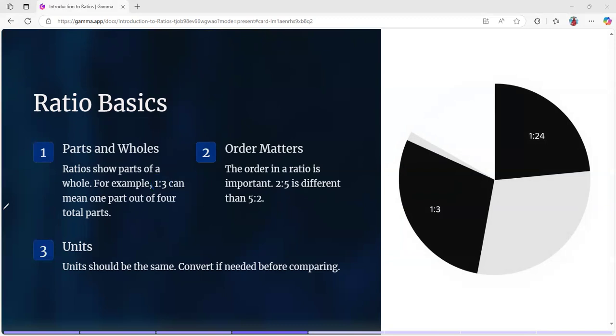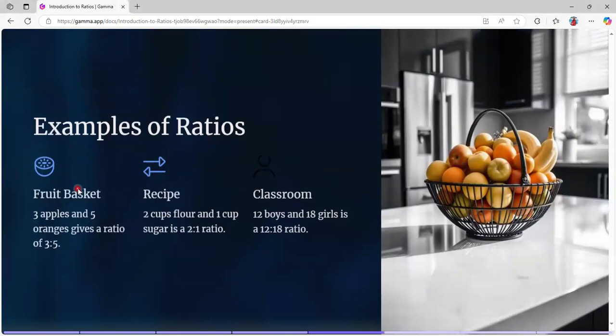Okay, let me give you an example for ratio. Look at this fruit basket. This fruit basket has 3 apples and 5 oranges. Gives a ratio of 3 to 5. We can read it as 3 to 5.